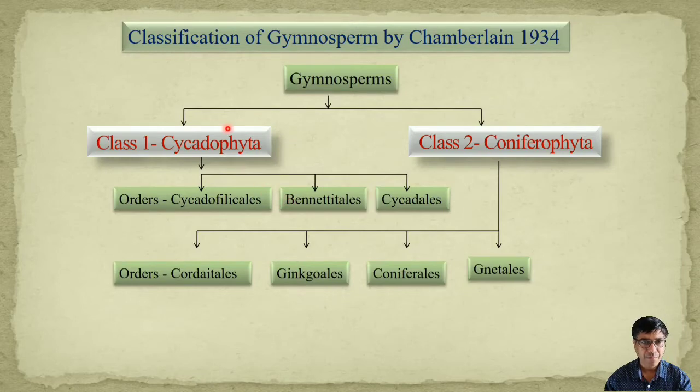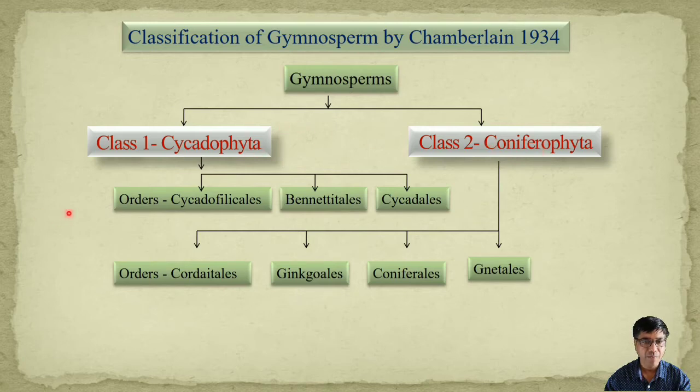Classification of gymnosperm by Chamberlain in 1934 in his Gymnosperm Structure and Evolution. The gymnosperm group is divided into two classes. First Cycadophyta and second Coniferophyta.